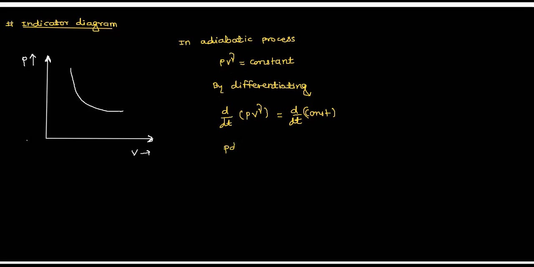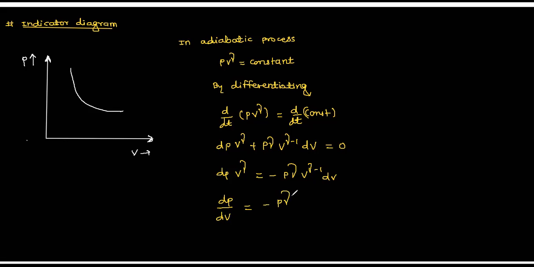So we get dP V^gamma plus P gamma V^(gamma minus 1) dV is equal to 0. Transferring this term to this side, dP V^gamma is equal to minus P gamma V^(gamma minus 1) dV. Now transferring dV here and V^gamma to this side, dP by dV is equal to minus P gamma V^(gamma minus 1) divided by V^gamma.